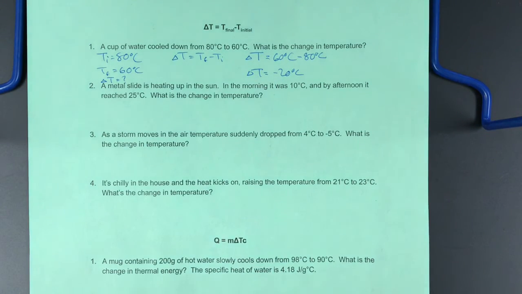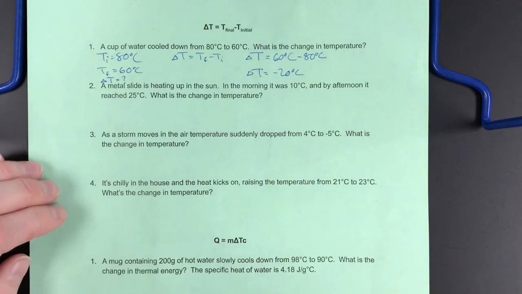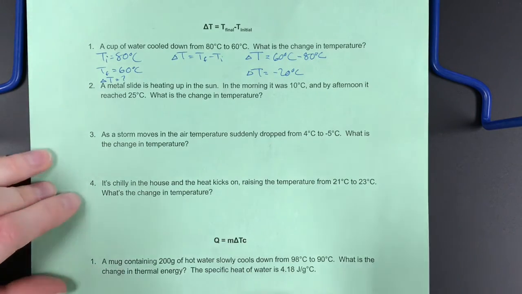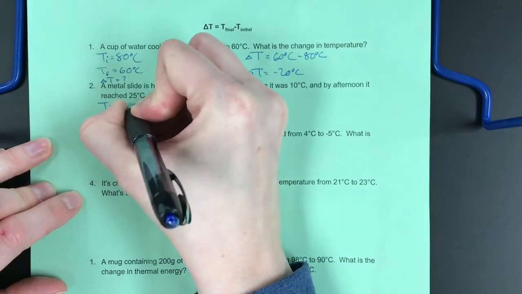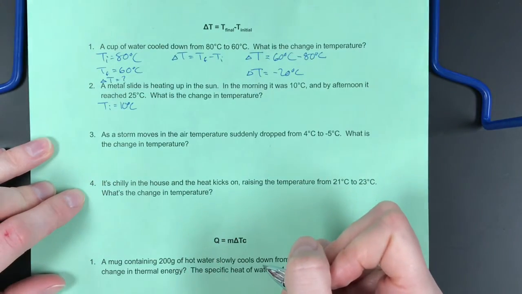Ready for the next one? Okay. Metal slide is heating up in the sun. In the morning it was 10 degrees Celsius, and by afternoon it reached 25 degrees Celsius. What's the change in temp? List our givens first. What's a given? Initial is 10 degrees Celsius. What's another given?